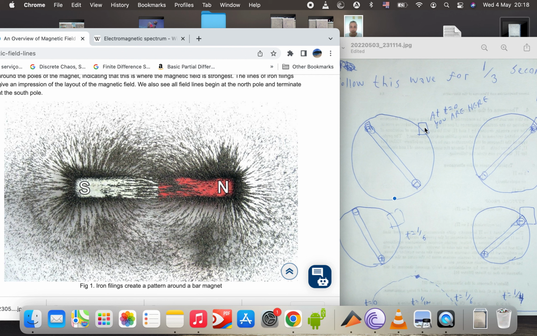But what we are really measuring is the perpendicular component of the magnetic field. Because if we were measuring the tangential component of the magnetic field, it wouldn't be 0.